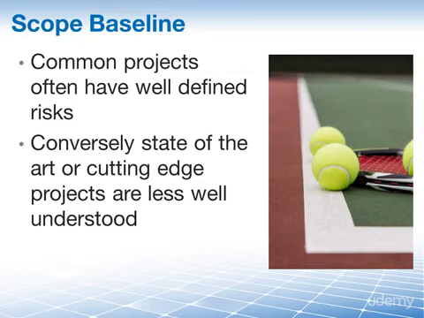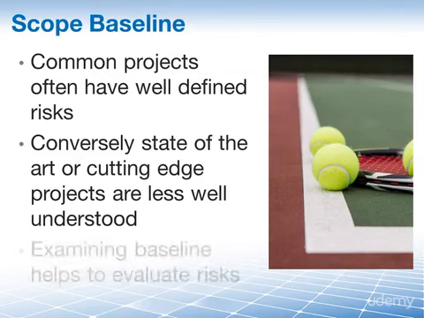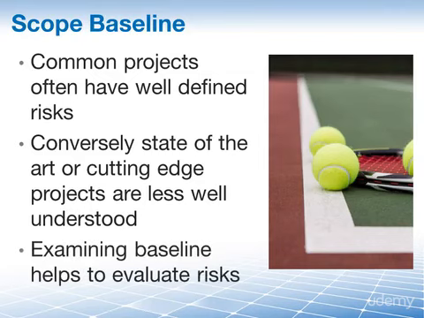So when we look at the scope baseline, we can already see what is the scope that we're going to have to build, and inherent in that scope is going to be some risk. So examining the scope baseline will give us an overall sense of the degree of risk for our particular project based on the scope that we're going to have to deliver.